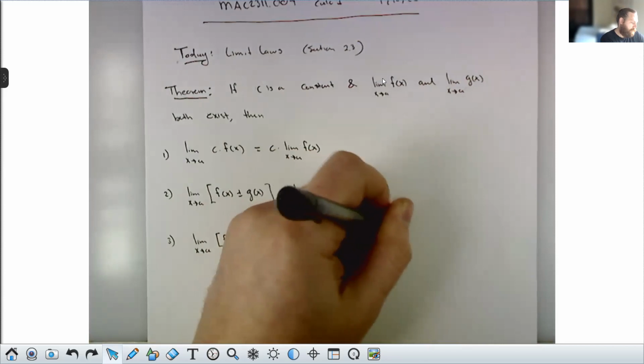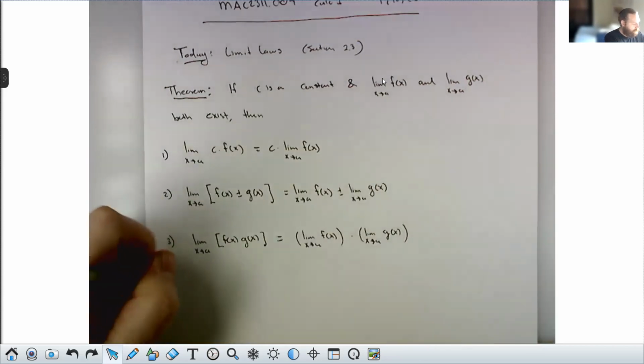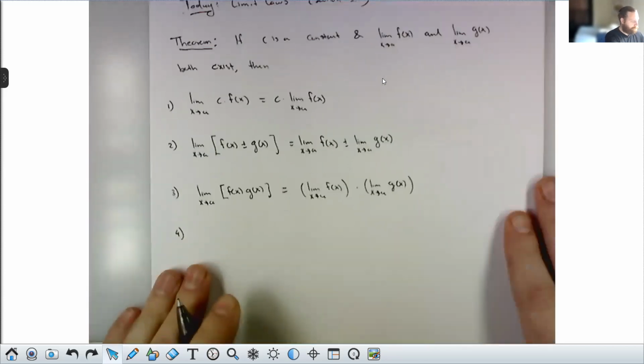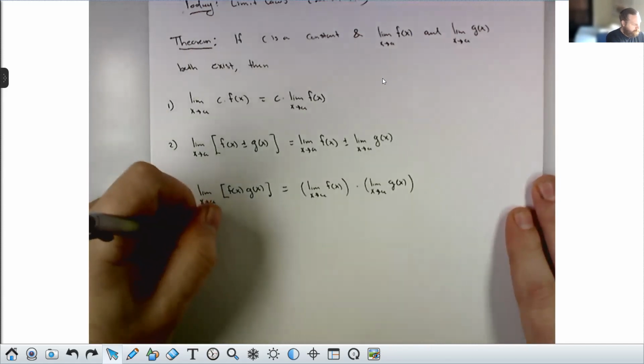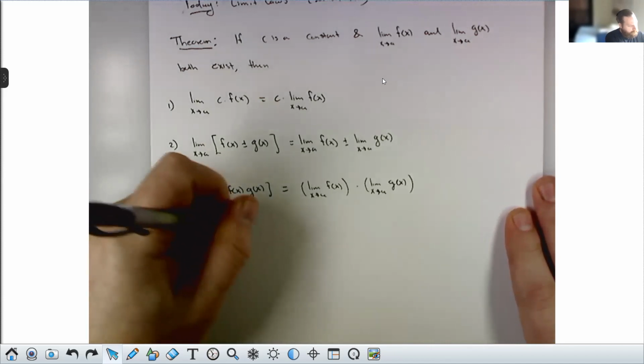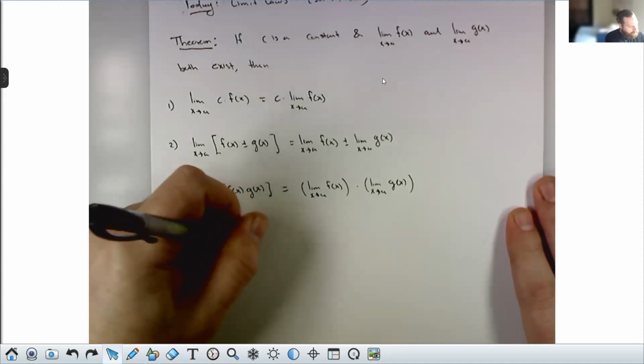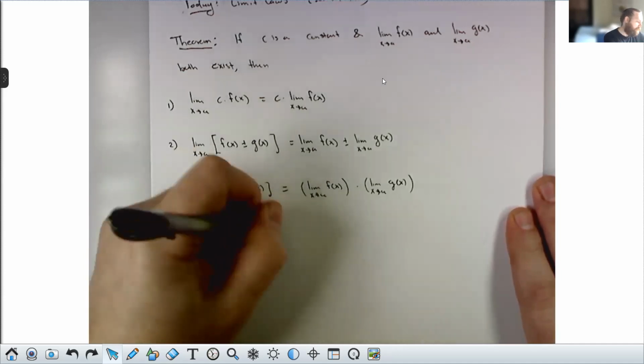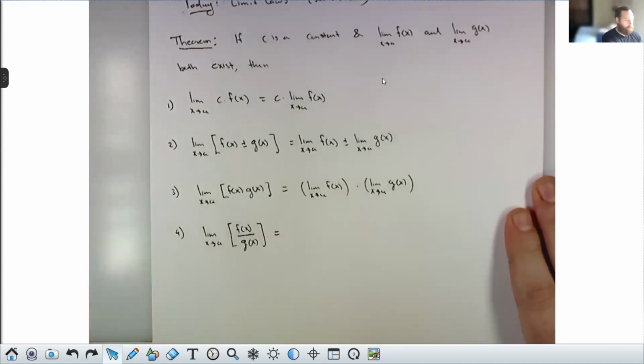And finally, the limit of the quotient is the quotient of the limits. So if you have the limit as x approaches a of f of x over g of x, that's the limit of the top divided by the limit of the bottom.